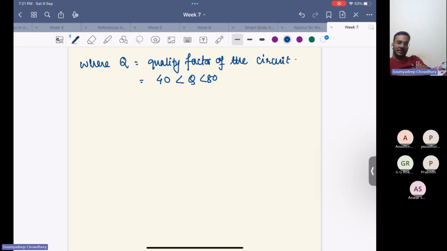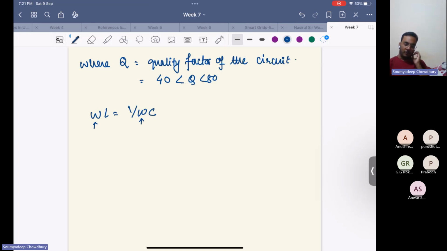So how can we increase the range of the voltage V out? That can be done by varying the input voltage V. Also, what is the first step? We will adjust the inductance, right? Once we adjust the inductance to make omega L equal to 1 by omega C, we can also adjust this omega, that is, the frequency of the signal.